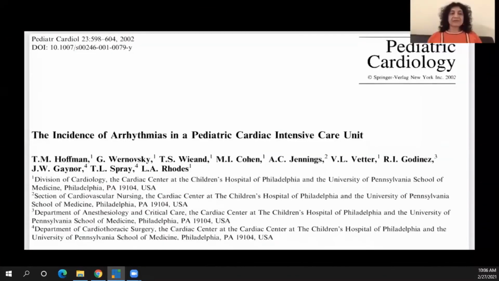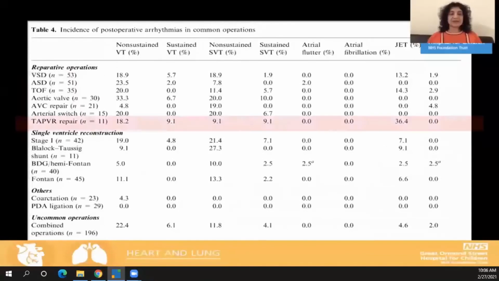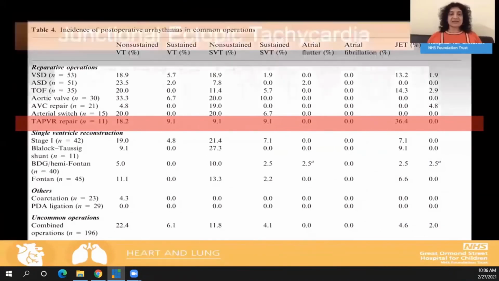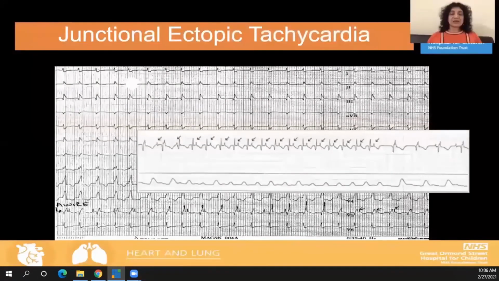In this paper by Hoffman et al., published in 2002, looking at the incidence of arrhythmias in a pediatric cardiac intensive care unit, the TAPVR repair was associated with junctional ectopic tachycardia and atrial arrhythmias, and 36% of patients had JET and 9% of patients had sustained SVT. Now, this is an ECG showing junctional ectopic tachycardia with AV dissociation.